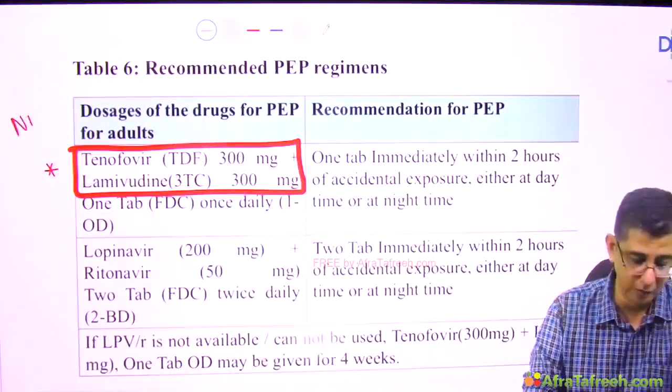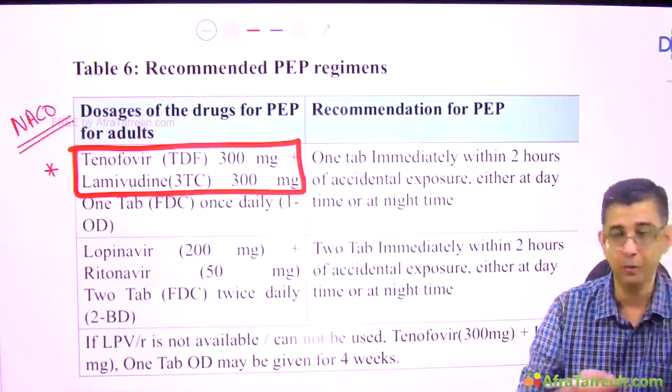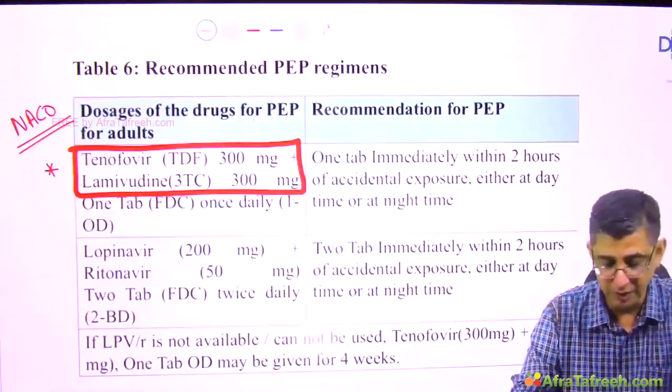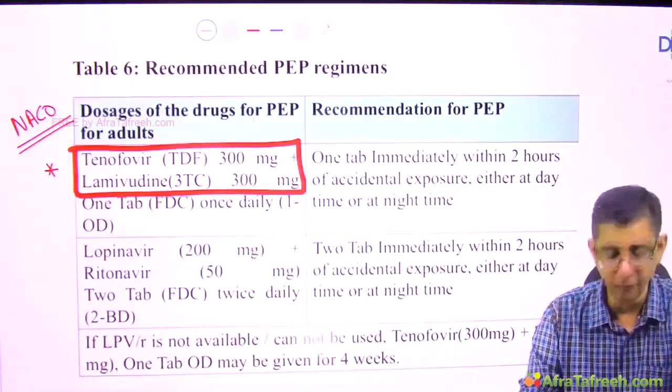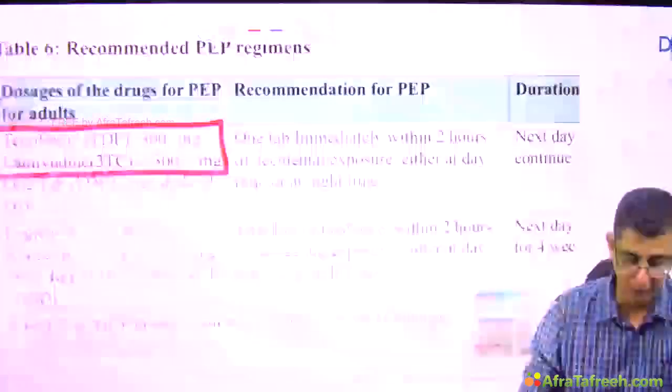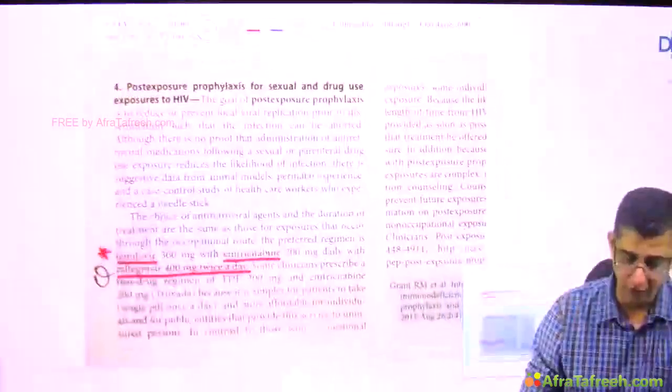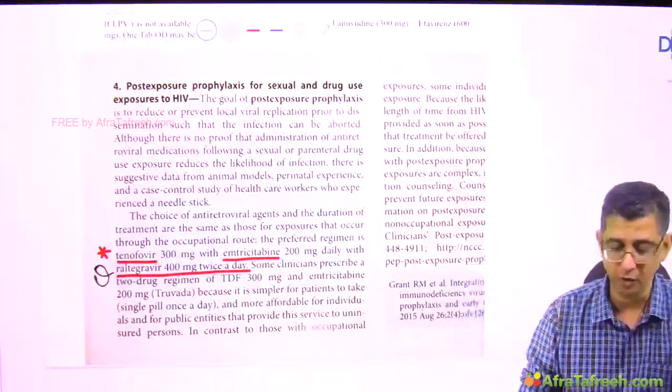That is, the NACO guidelines would be tenofovir, which is common between the CDC guidelines and NACO, that is tenofovir and lamivudine. And the other one, as I've shown you, is tenofovir with emtricitabine and raltegravir. So the controversy will be between 2 versus 3 drugs.